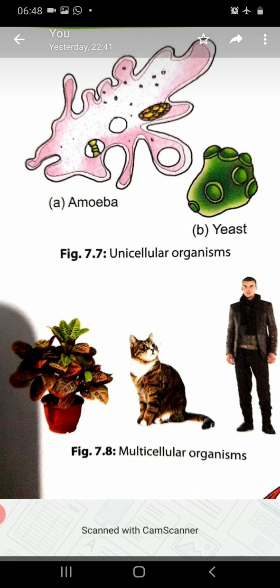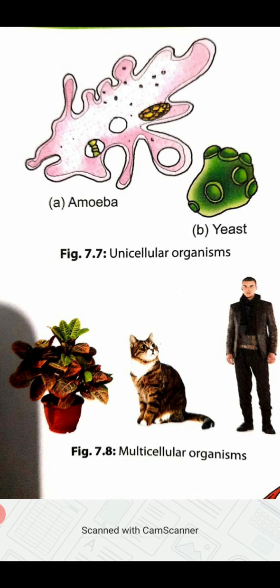Here we can see the picture of the amoeba and yeast, which are unicellular organisms. And then we have plant, cat and human being as examples of multicellular organisms. So that is about the classification of cells based upon the cell numbers.